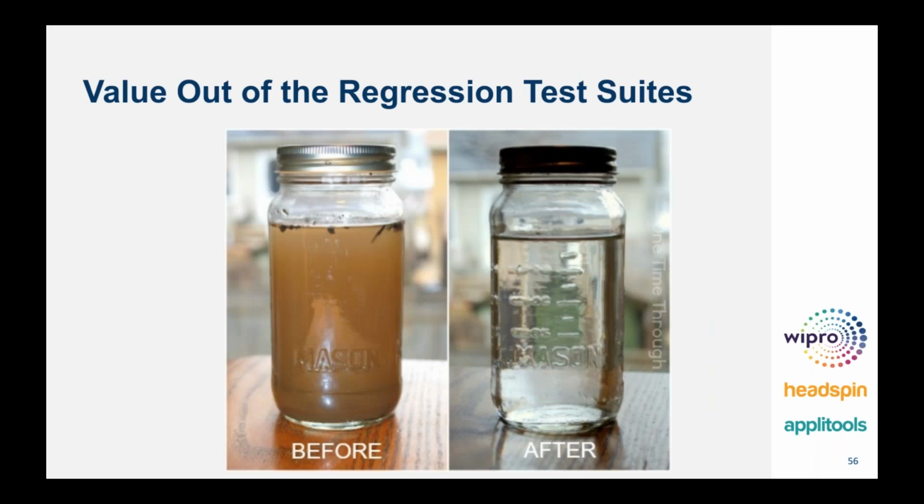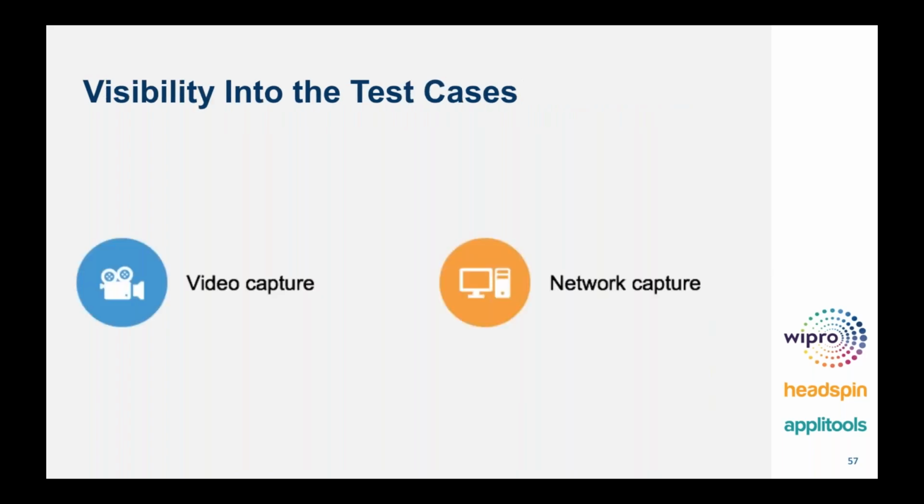Today you're just running functional tests and getting a pass or a fail. Now when you're tracking key performance indicators like the login time, logout time, the time to add to cart in a regression test suite, it makes so much more sense to get value out of the tests which are already running in the CI/CD pipeline.